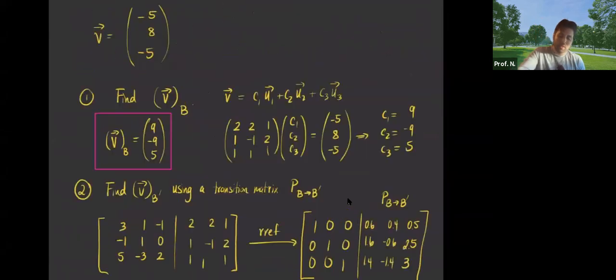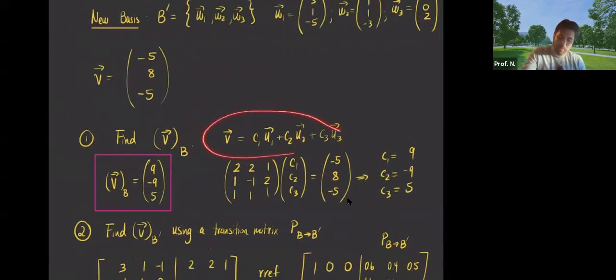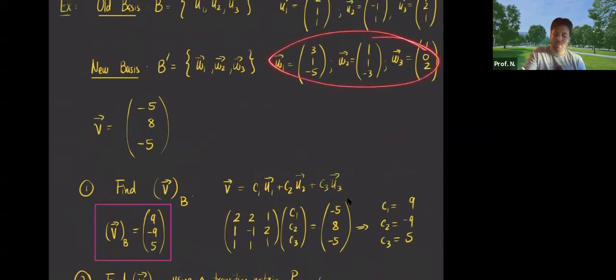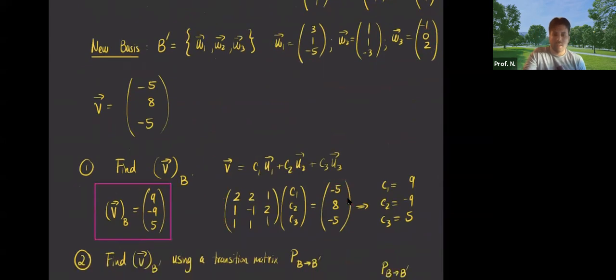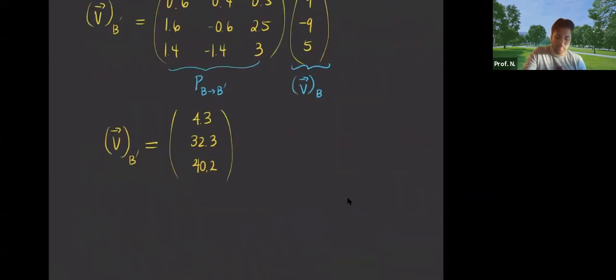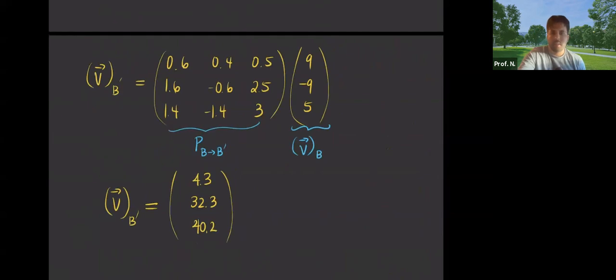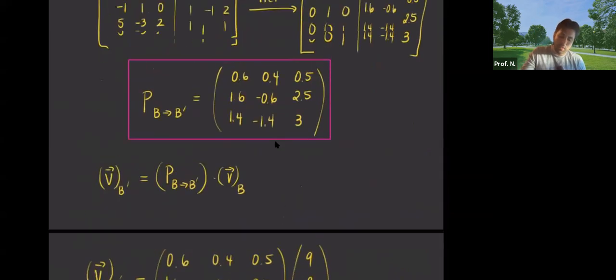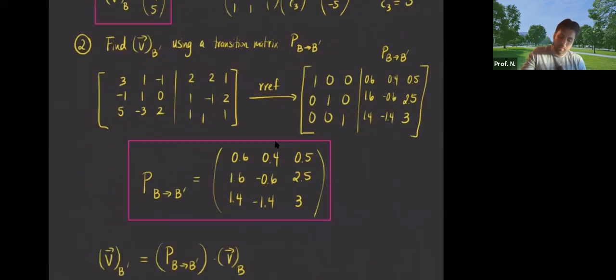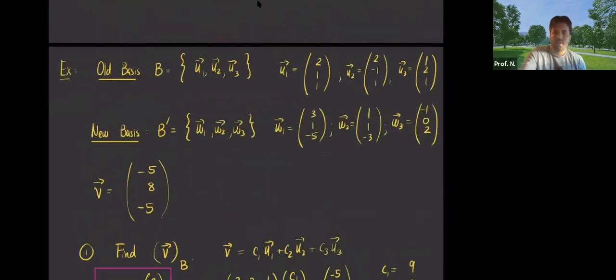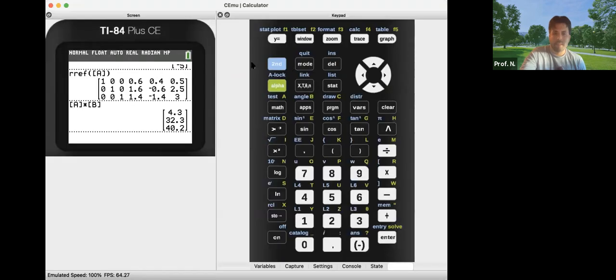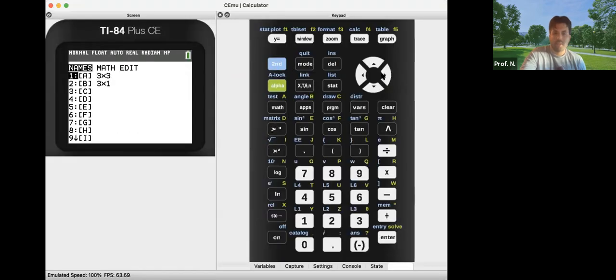You would set up the same equation here, but instead of using U1, U2, U3, you're going to use W1, W2, W3, and do the same exact thing. So just to verify that, let's do that. Our coordinate vectors here are going to be, I'm going to use a new matrix here, C, 3 by 3.